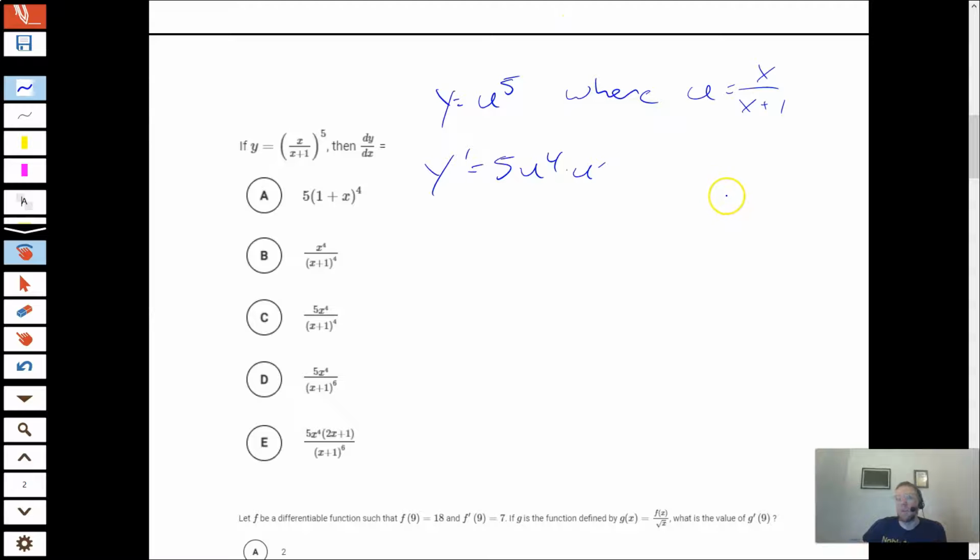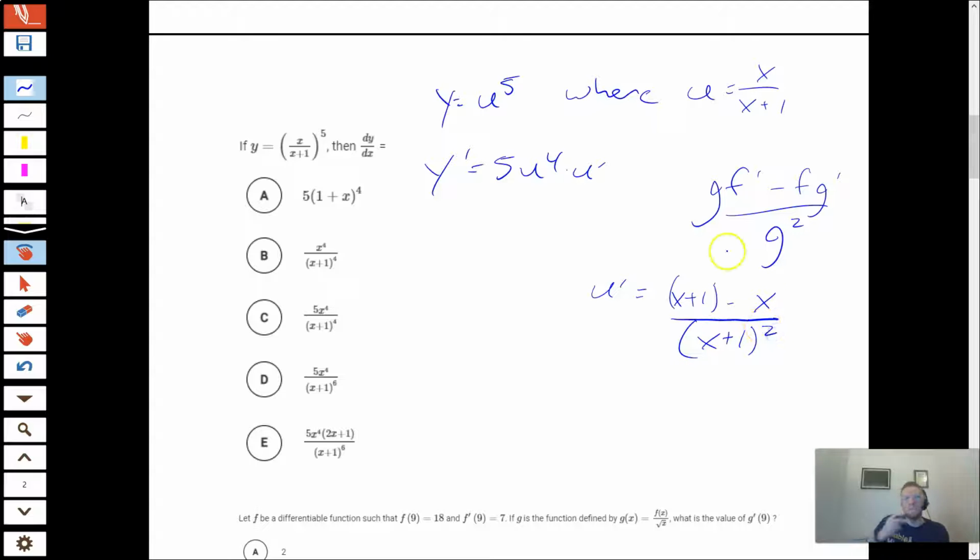So quotient rule, I'll rewrite it so you can see it. g times f prime minus f times g prime all over g squared. Right? So u prime is going to be the bottom times the derivative of the top, so that's x plus 1 times 1, because the derivative of x is 1, minus x times 1, because the derivative of the bottom is also 1, all over x plus 1 squared.